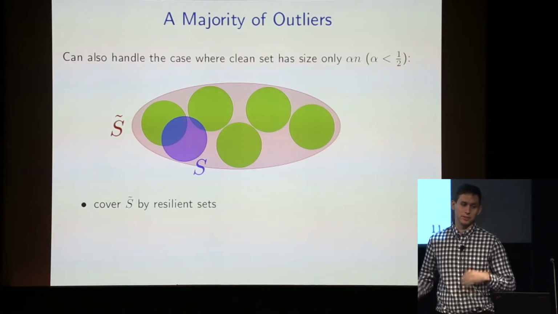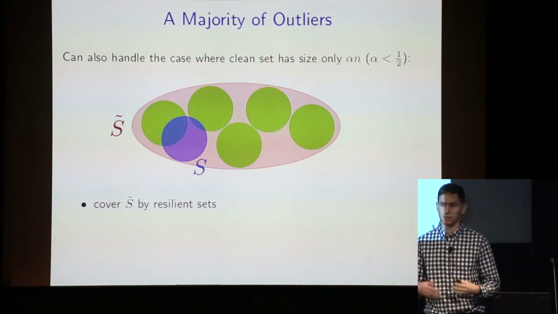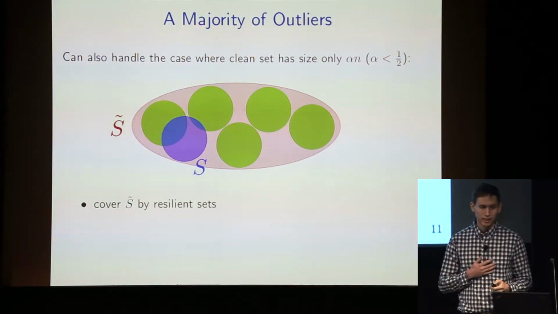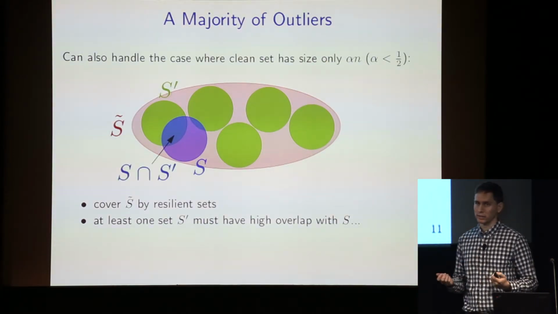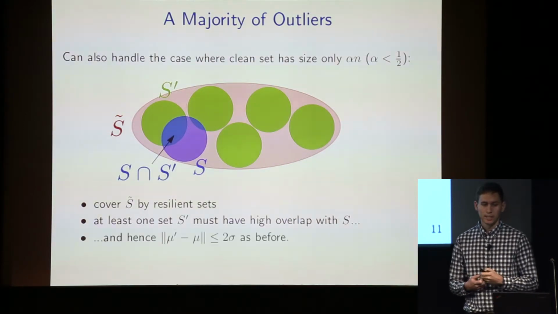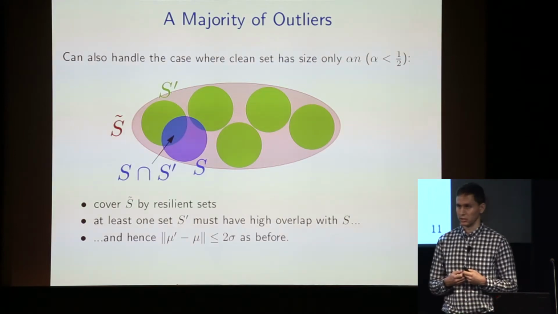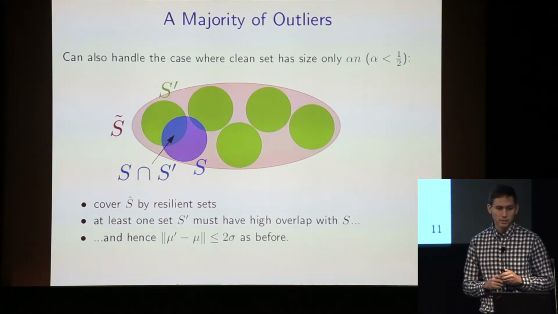So basically what we're going to do is cover S tilde by a bunch of sets that are all resilient. By pigeonhole, at least one of these sets is going to have large intersection with the true set. And so that set is going to have center close to mu, just like before, by the same argument.